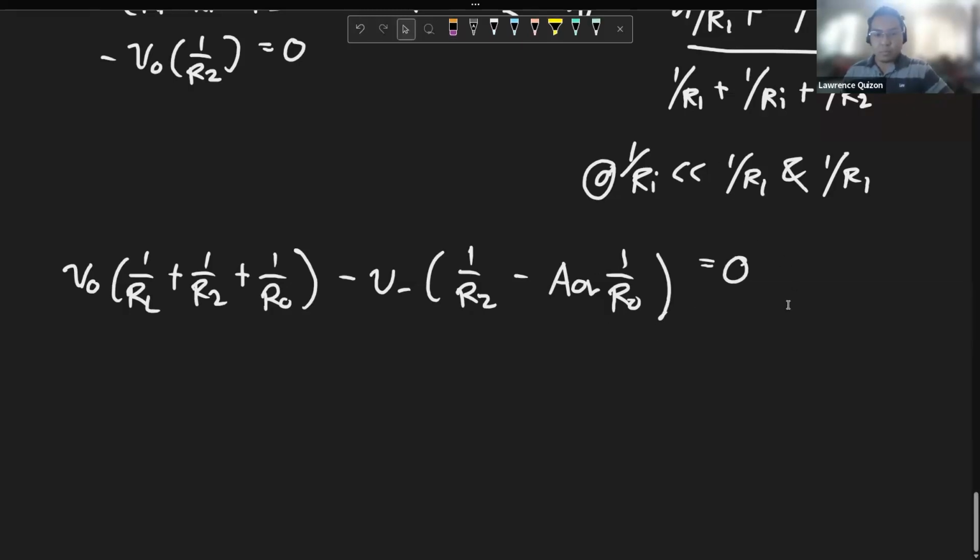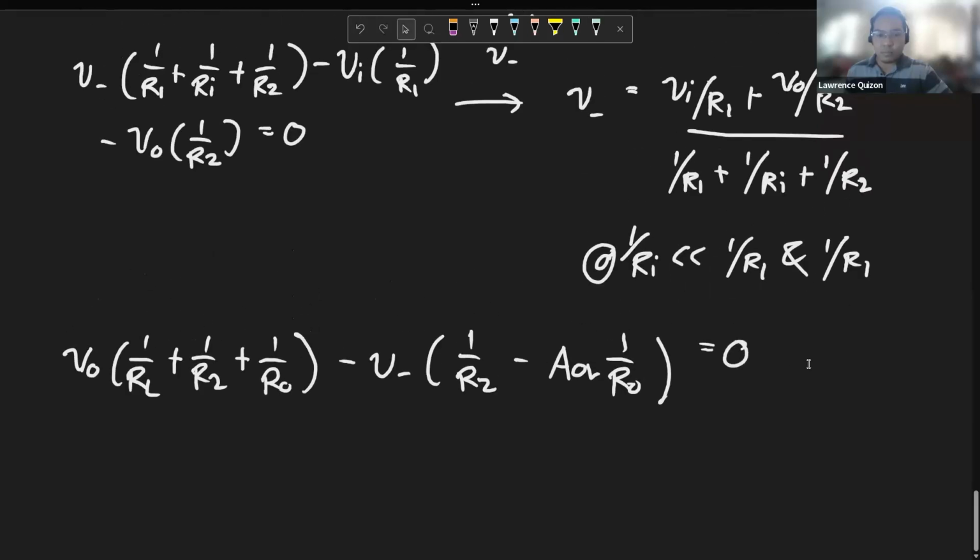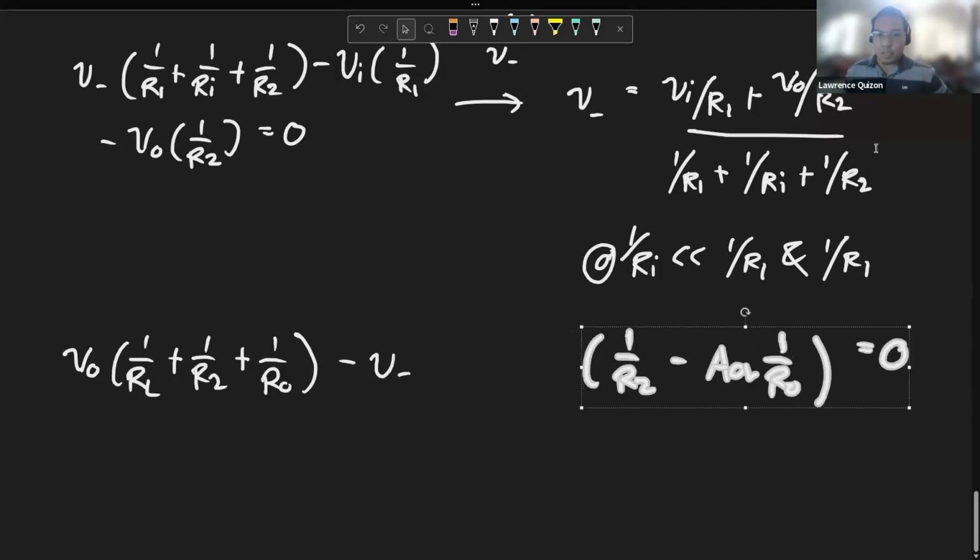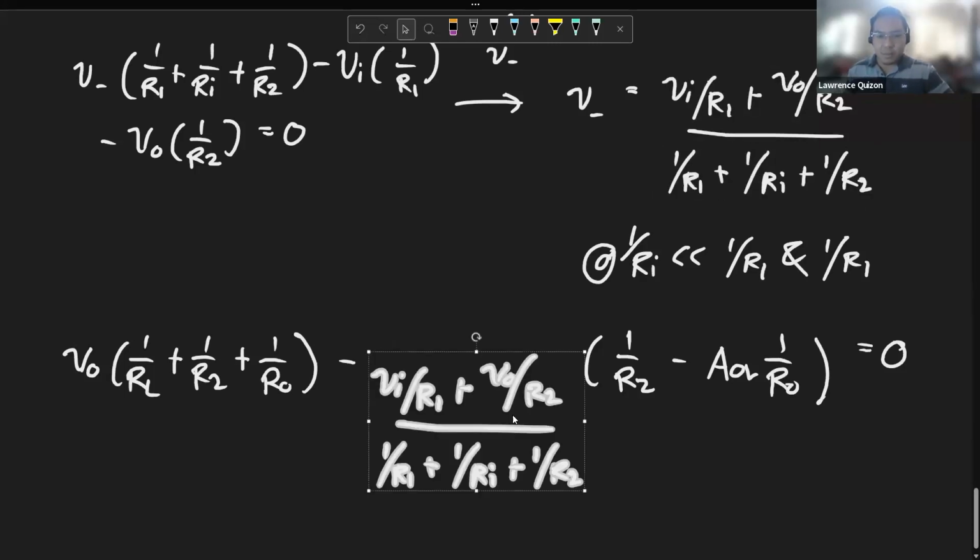Copy paste lang din natin itong V minus dito sa part na to, no?